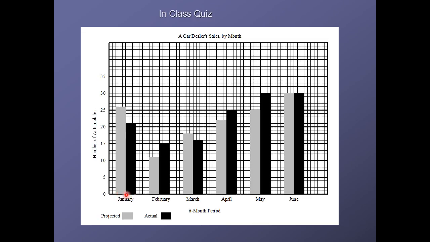For an example, in January, their projected sale was 26, but they were able to sell what? 21, right? In February, they projected 11, but they sold even more than that, right? So it's just a projection and the actual sale for, say, a 6-month period.